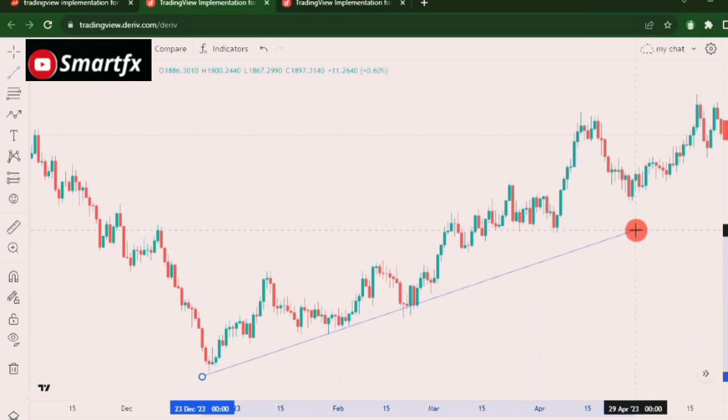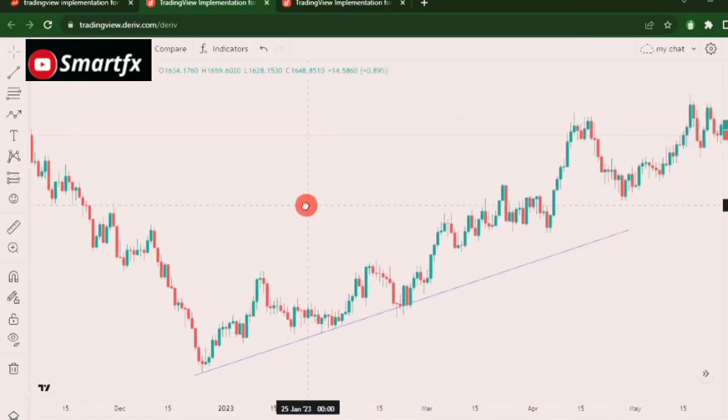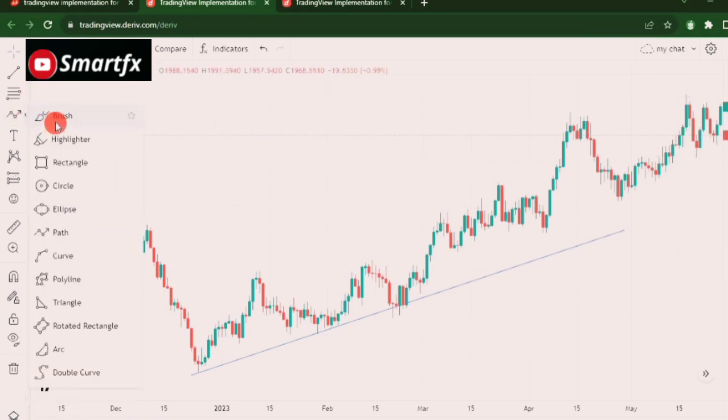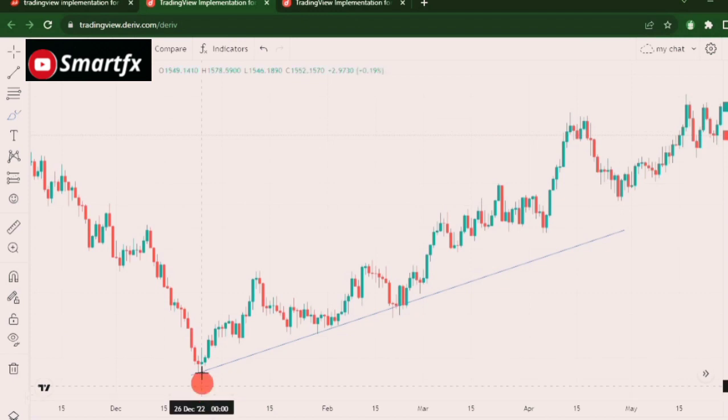It's an uptrend. So basically this is how I draw my trend line. I draw my trend line touching the wick of this. So if you remember your secondary school or primary school mathematics, before you can call something a line, it must have 2 points.